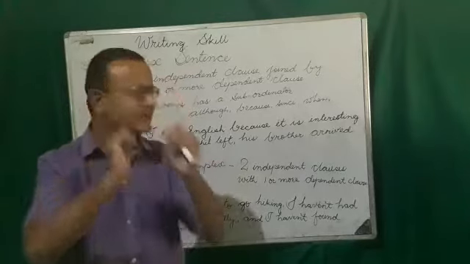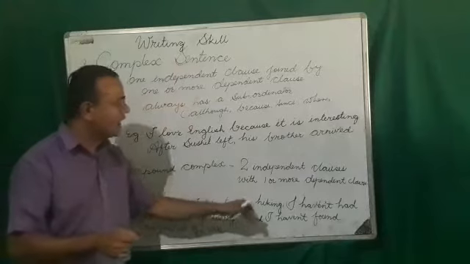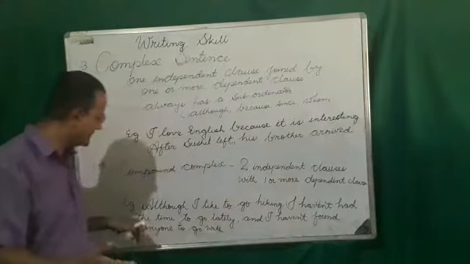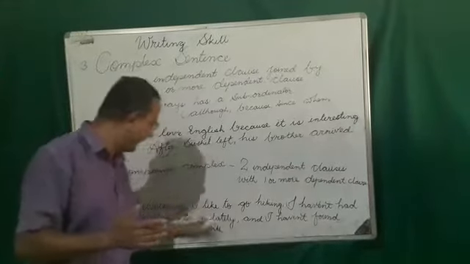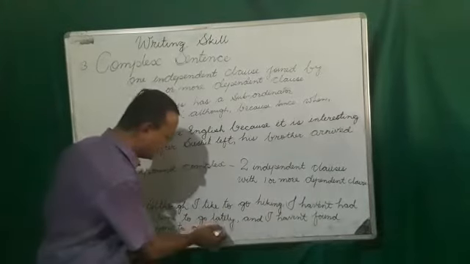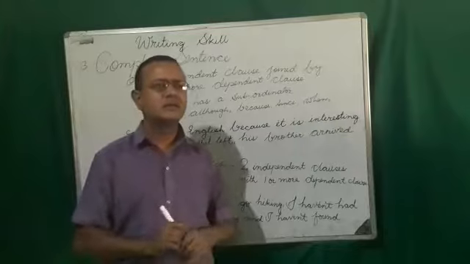For instance: Although I like to go hiking, I haven't had the time to go lately, and I haven't found anyone to go with. So this is a compound complex sentence.